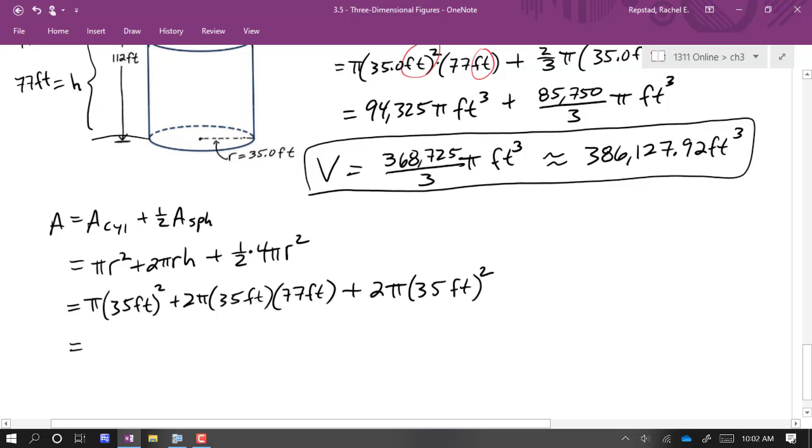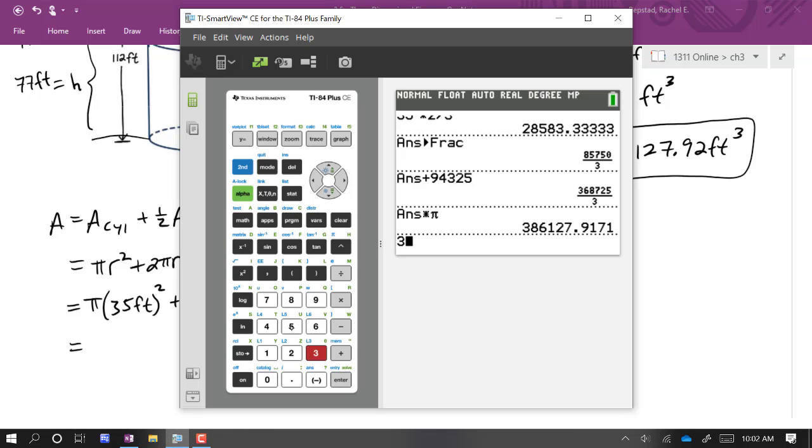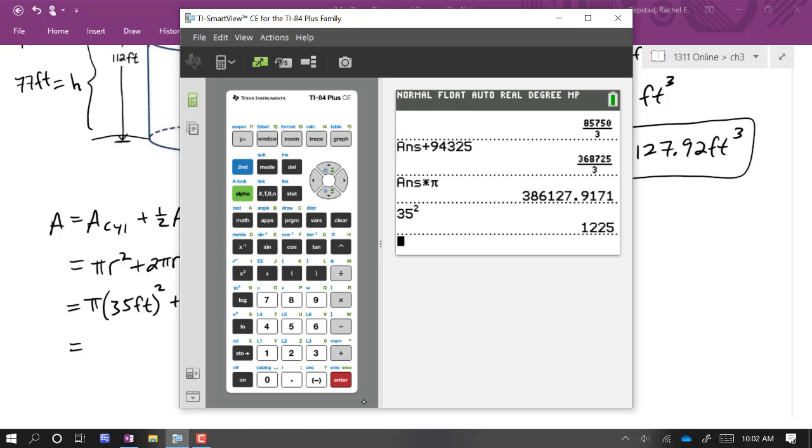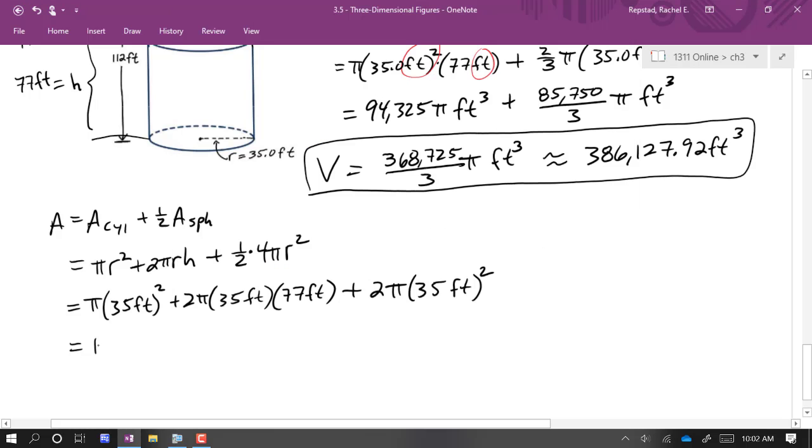Okay, so let's start at the beginning. 35 squared is 1225. So 1225 pi, then 2 pi times 35 times 77 times 2, and then just attach the factor of pi on the end.